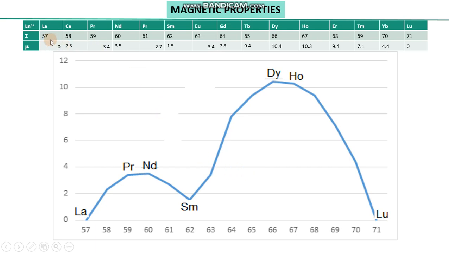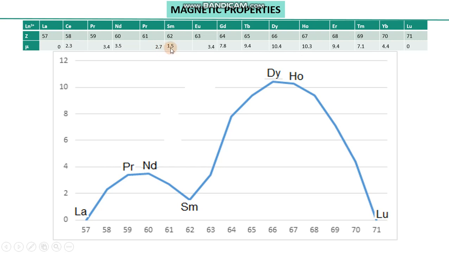This is a table where the magnetic properties of lanthanides are given, taken from the book which I have already handed over to you. So the properties, if you look, increase gradually in the first part, and these two are the maximum values obtained for these two metal ions, and the properties are for lanthanides in +3 state.